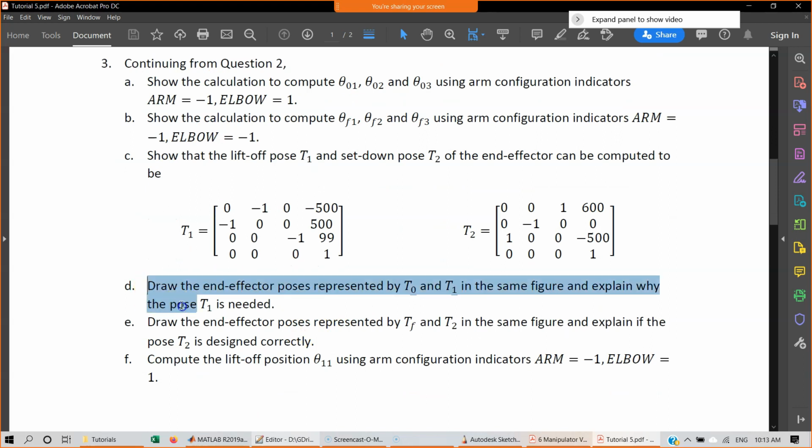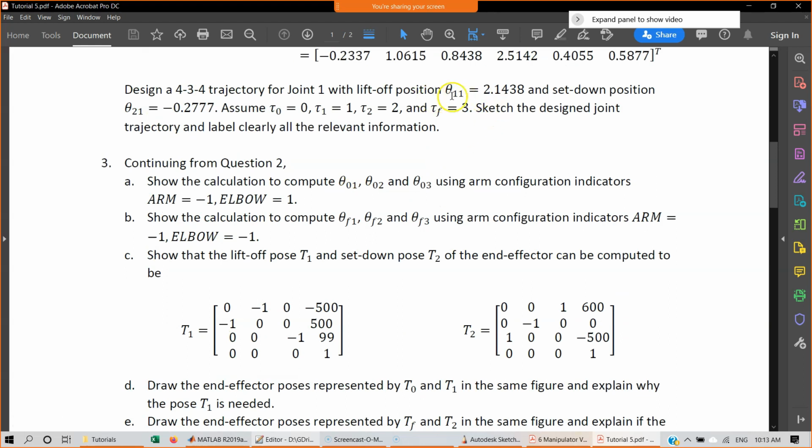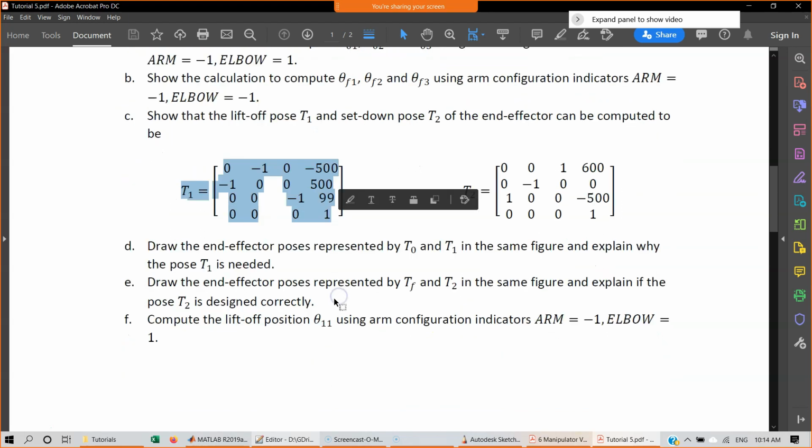Then D and E, you have to draw the various poses to show the importance. And in question F, you have to compute the lift off position, which is this one. Okay, how can you compute this? Of course, using T1, which is given, and inverse kinematics again.